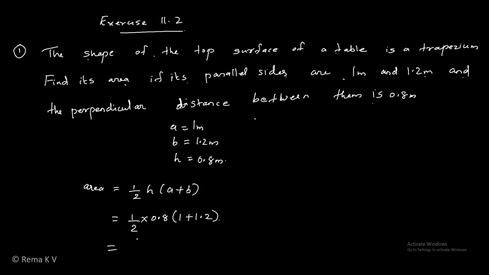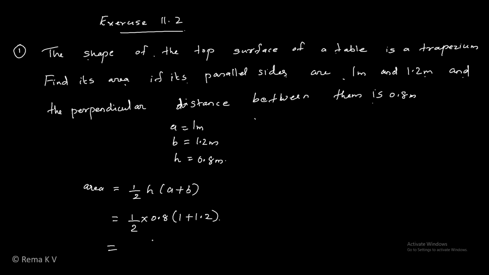Vishnu, it is 0.88. See the unit. We are finding the area, so the unit is meter square. Vishnu, make the correction. Okay, Shreya, Hari, then Malavika. See the unit.